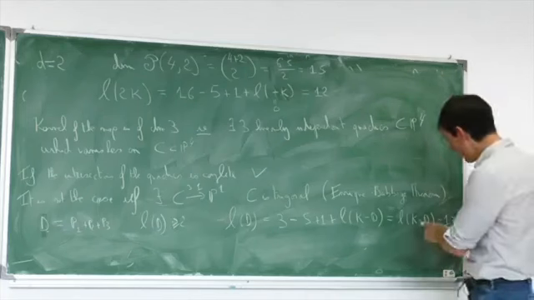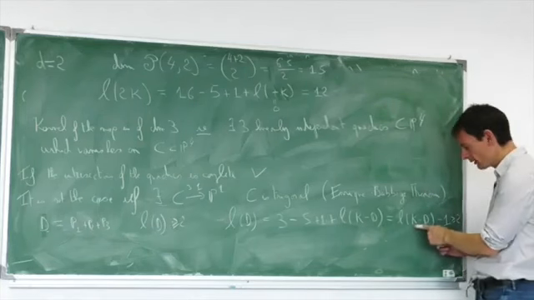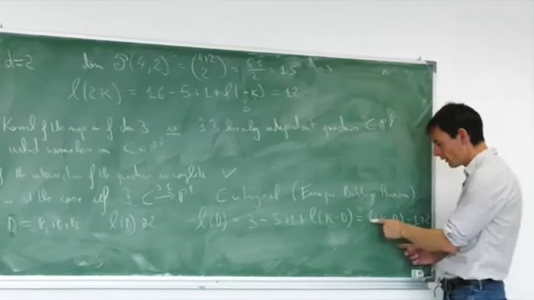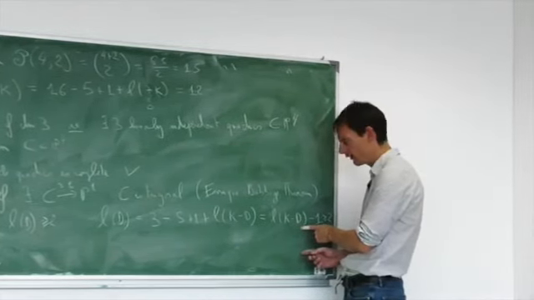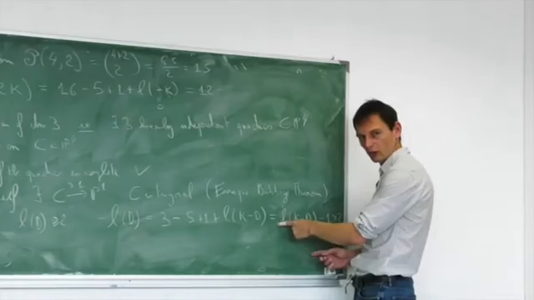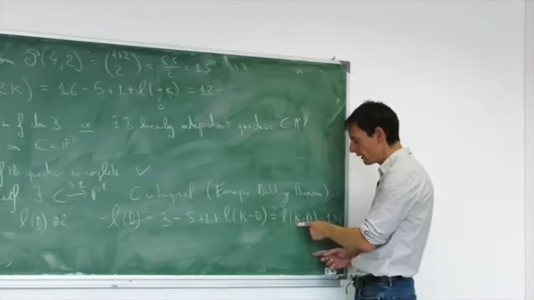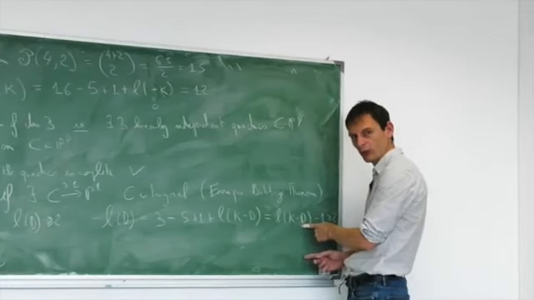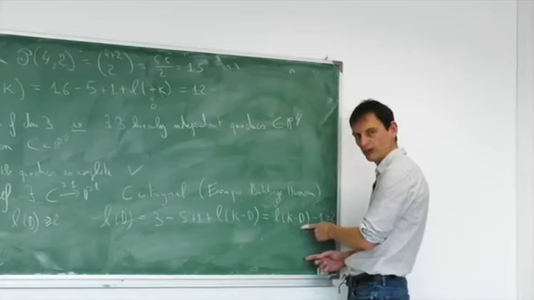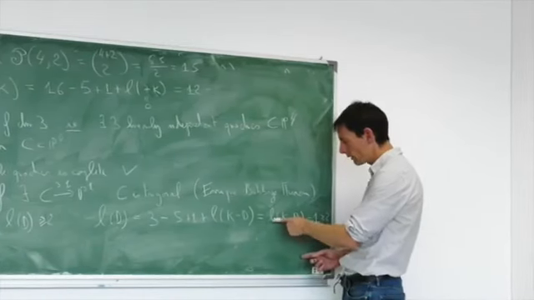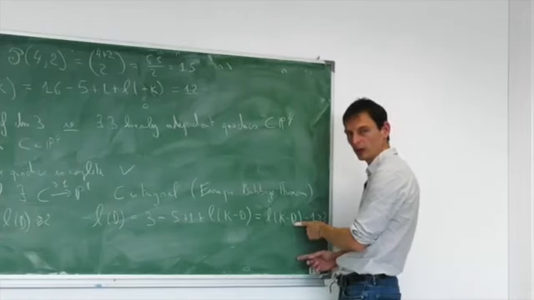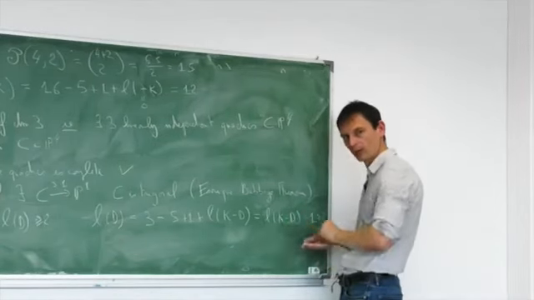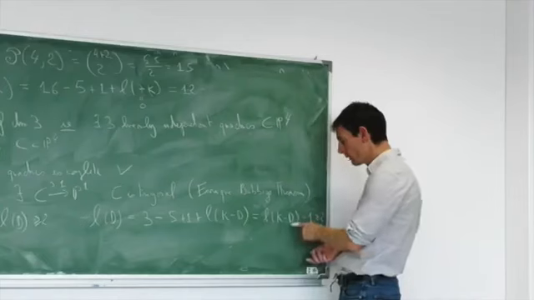What does it mean? Remember that we interpreted already the fact for a section to be in L of kappa minus an effective divisor as the sections which are in L of kappa and which are zeros at the points inside this divisor. So now I want to look at sections which are 0 at P1, P2, P3. So I'm going to look at hyperplanes which go through P1, P2, P3.